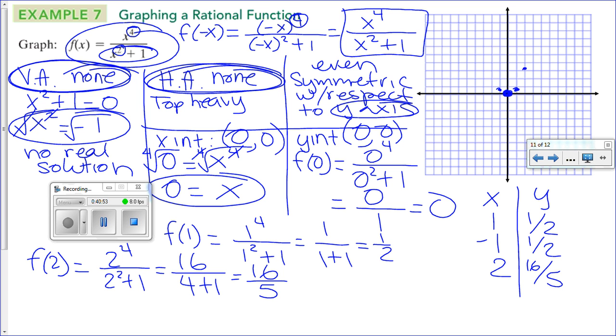So somewhere there. Remember symmetry. To finish this problem, because I really want to go home, I can tell you that this is going to look similar to a parabola. If you don't believe me, you may use your calculator.